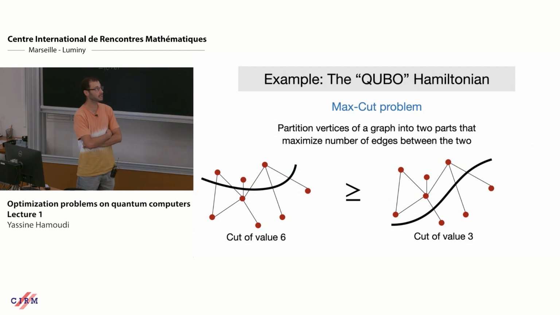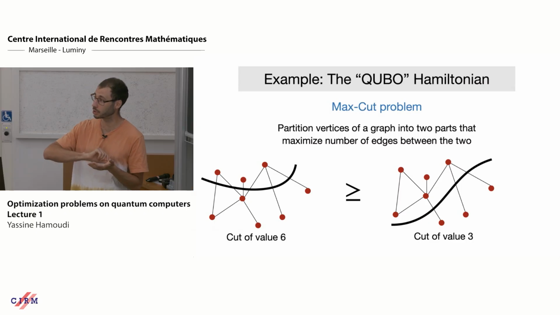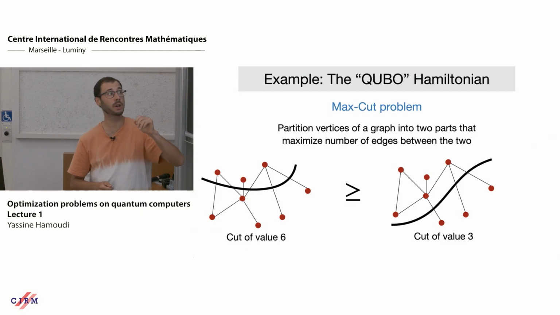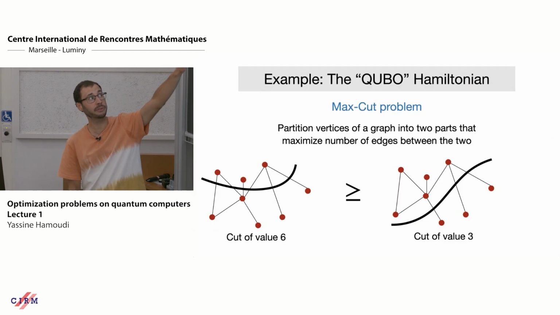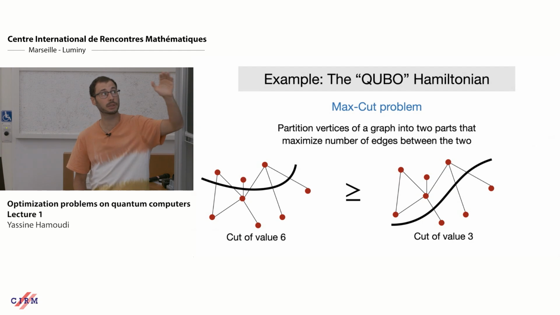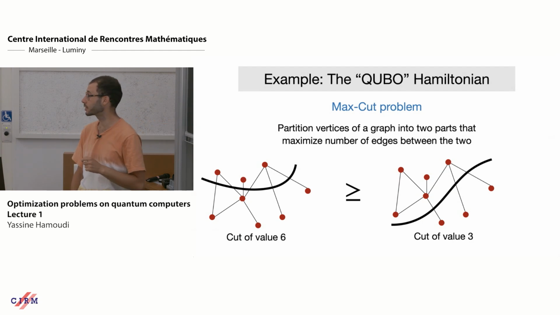And now your goal is to minimize the following quantity. So you want to partition the vertices into two parts, which are disjoint from each other. And you want to minimize the number of edges that go from one side of the partition to the other side. Okay, so on this example, the cut on the left is represented by the bold edges and is of size 6 because it crosses 6 edges.